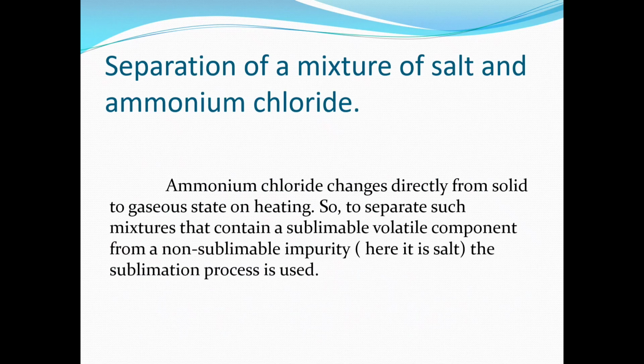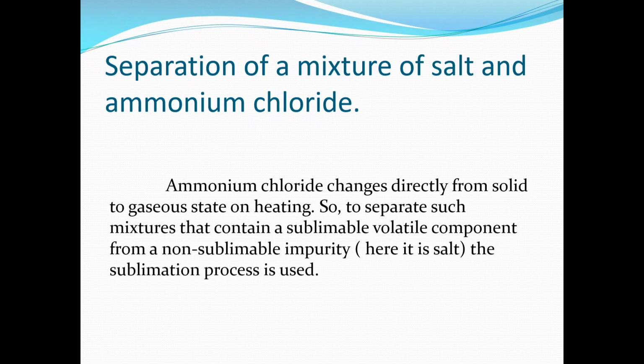In this slide we will see the separation of a mixture of salt and ammonium chloride. Salt is NaCl and ammonium chloride is NH4Cl. We will learn the technique for the separation of NaCl and ammonium chloride.